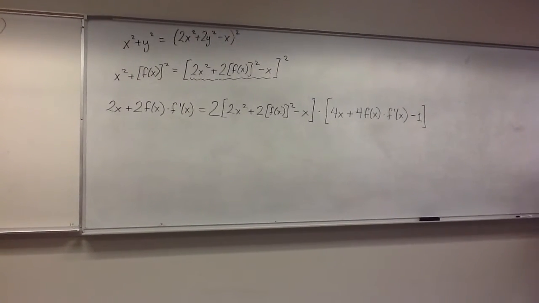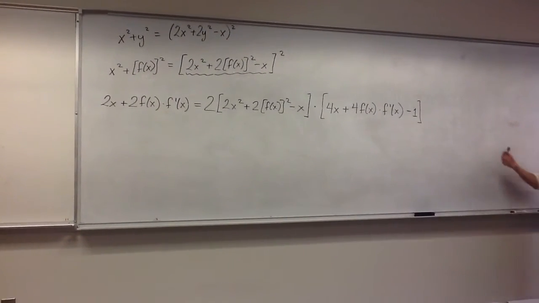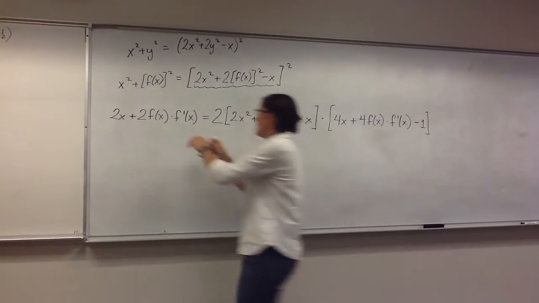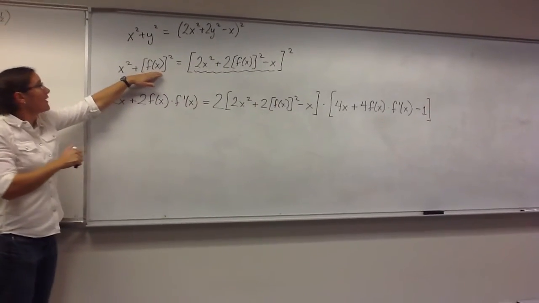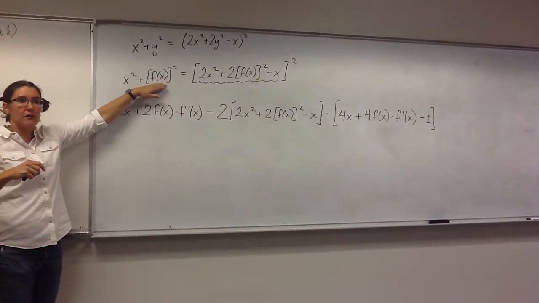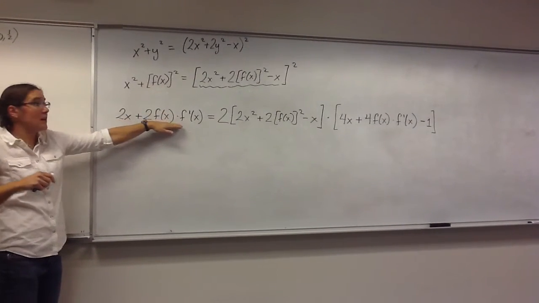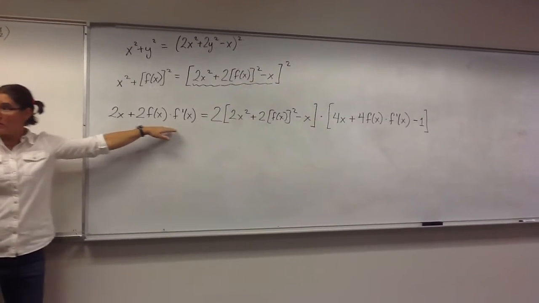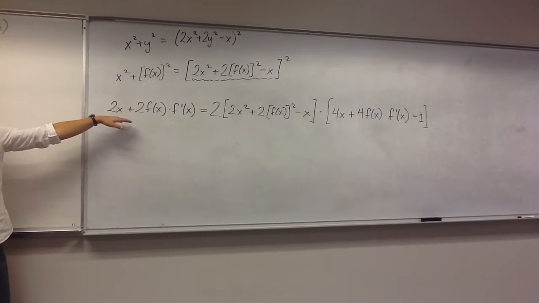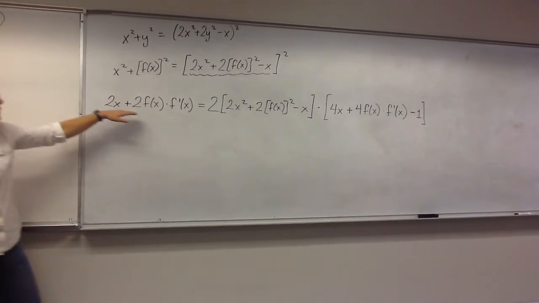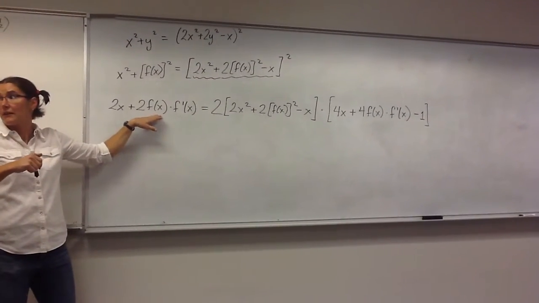Okay, so now I'd like to solve this for f prime of x. And one thing is that I like to write my y's as f of x when I'm taking my derivatives so that I can see my chain rule in full action. But when I want to solve now for f prime, my notation is easier if I use y rather than f of x.